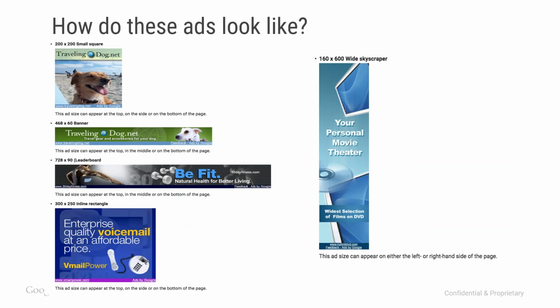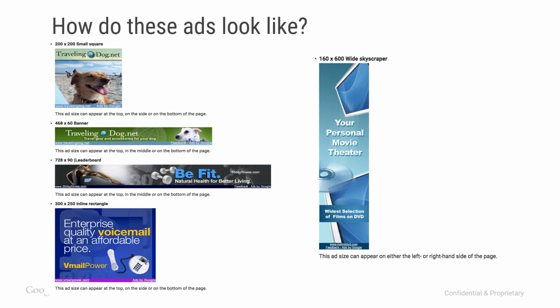Just sharing a few other formats. There are different sizes available which you can show on different websites. But the most popular ones are the one at the bottom, 300 by 250, which is an inline rectangle, and it can appear on the top, bottom, and side of any web page.